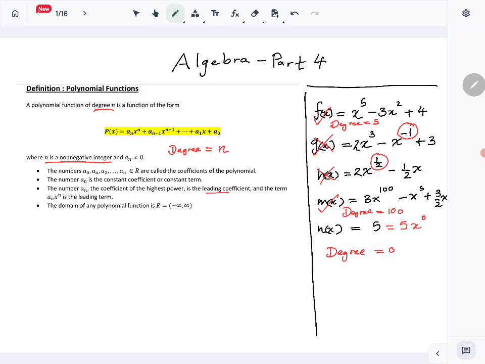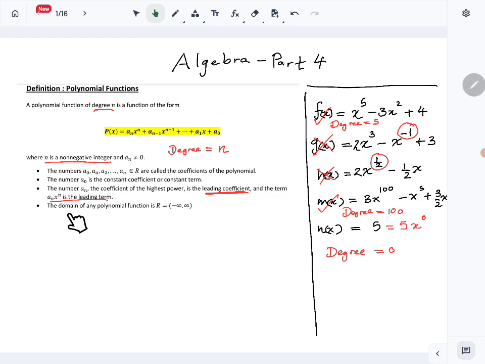It is called the leading coefficient. This is a very important thing when we are doing polynomial division. And that first term is called the leading term. We are going to use that to do polynomial long division, right?